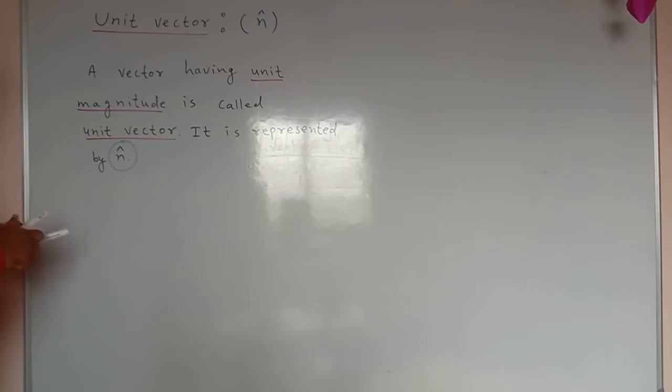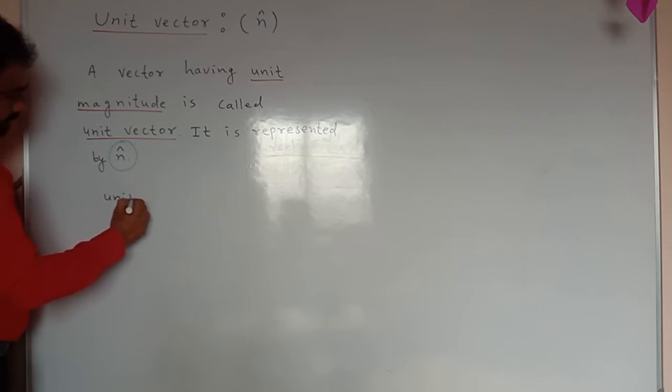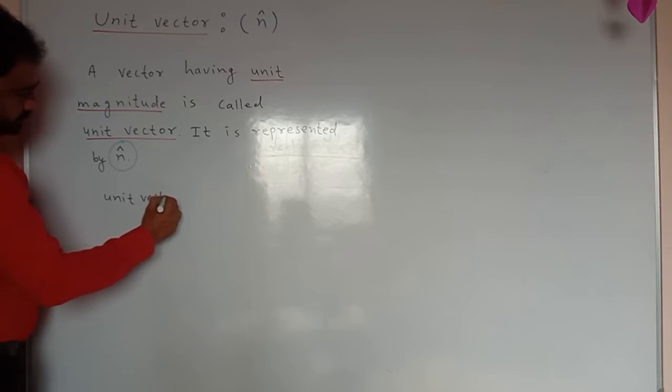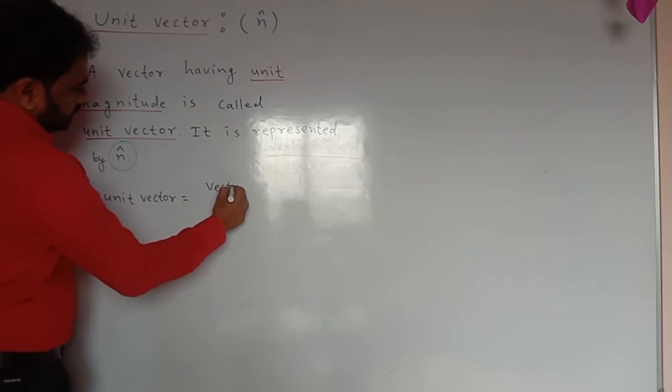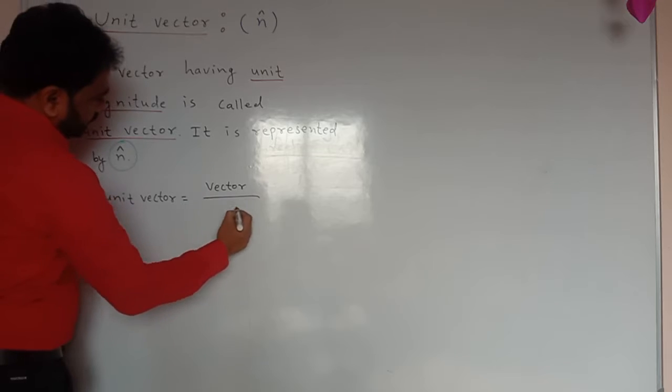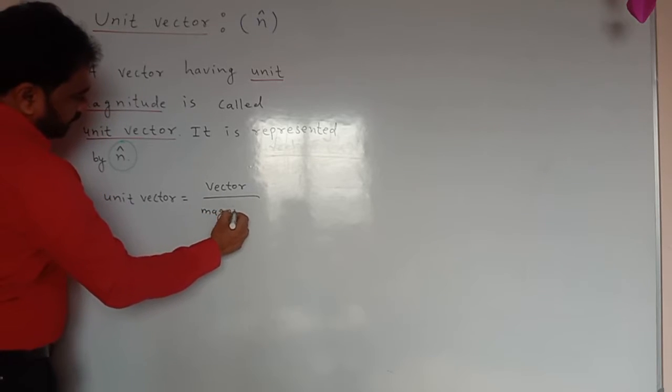Now see the formula to find the unit vector. We can write unit vector is equal to vector upon magnitude of vector.